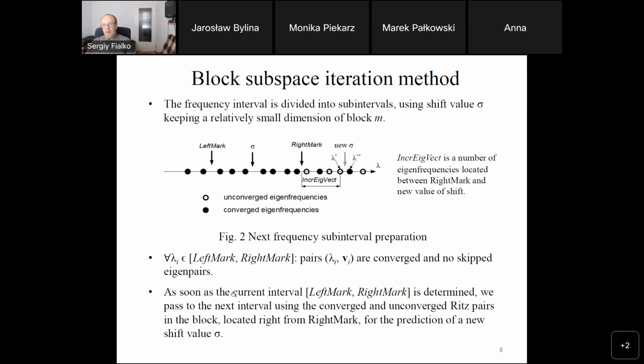As soon as the current interval left mark, right mark is determined, we pass to the next interval using the convergent and unconvergent Ritz pairs in the block located right from the right mark. And these pairs allow us to predict a new value of shift sigma.